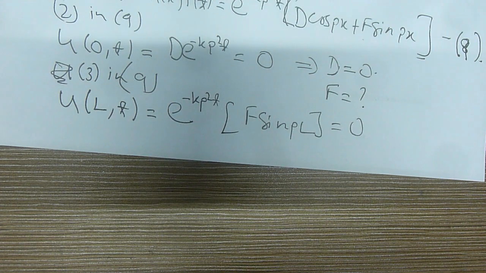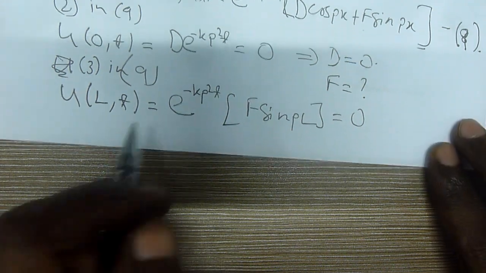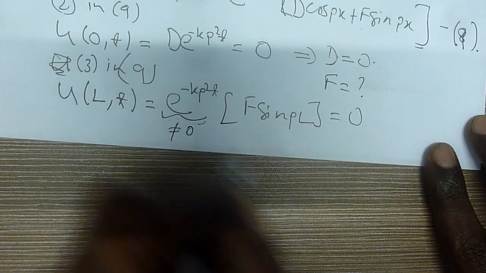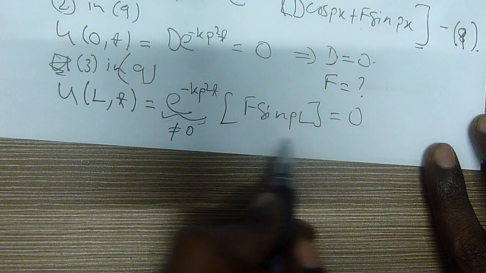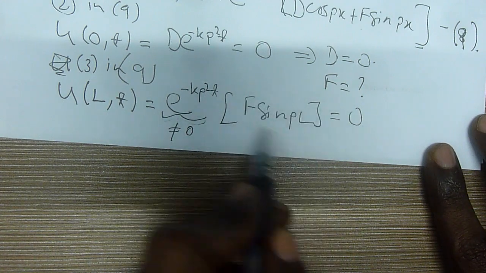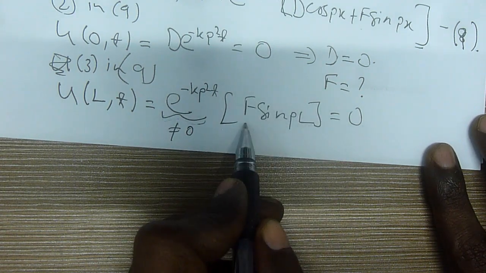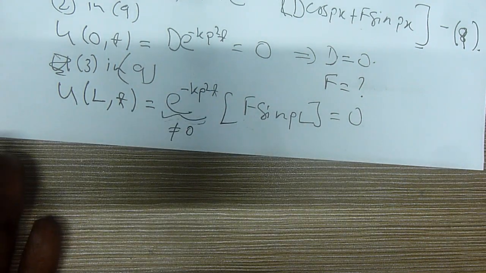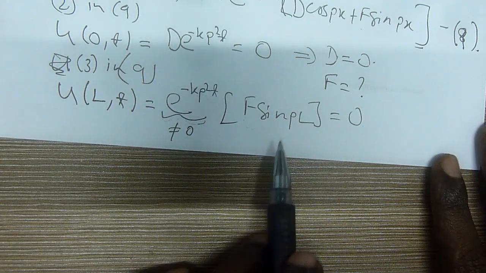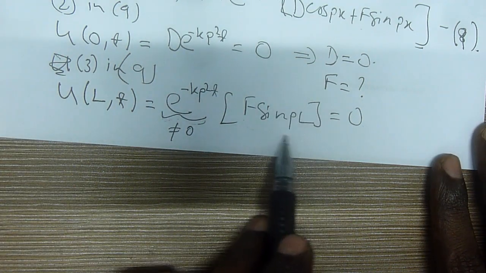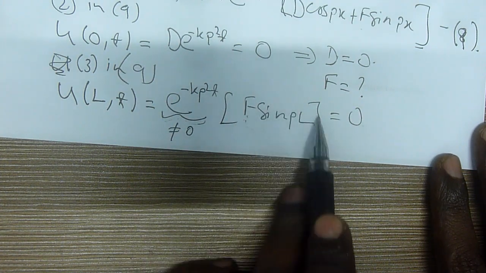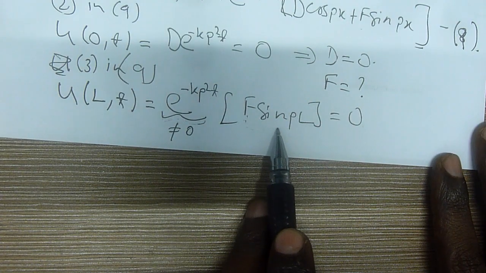This is the challenge that we have. We know this one is not 0. Now only we have one option to challenge here. Once we say F equals 0, we don't have a solution at all. Therefore, can I look for a way to make this one 0 instead? Yes, we can. How? We will see this.